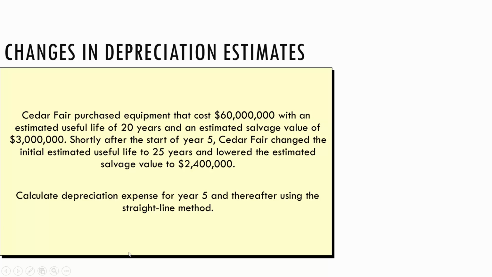So here we have Cedar Fair purchased this $60,000, useful life of 20 years, estimated salvage of $3,000. And so when they start doing their depreciation, you're going to find out that they would be taking depreciation each year. 60,000 minus 3,000, 57 million, and they're going to divide that by 20 years to get the amount they take each year.